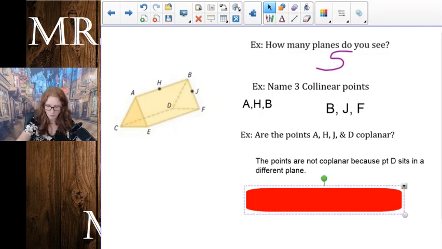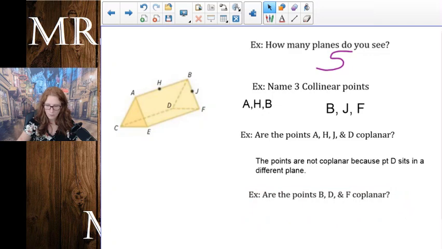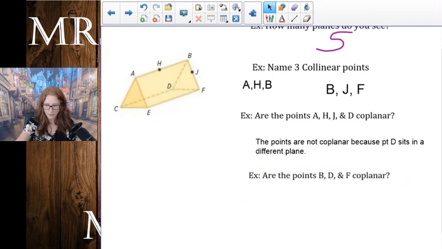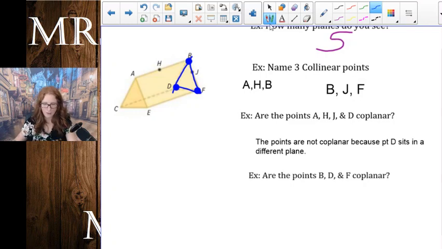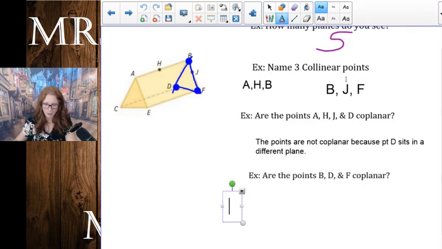And our last question for this picture. Are the points D, B, and F coplanar? Again, I'm going to point those out. Let's use blue this time. So we have D, we've got B, and we've got F. If I were to connect those dots, you see that they all lie in the same blue triangular plane.